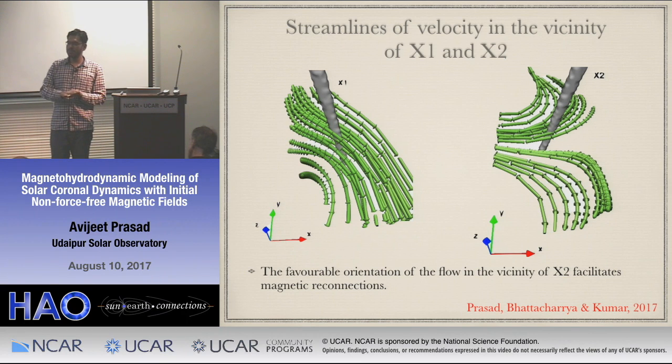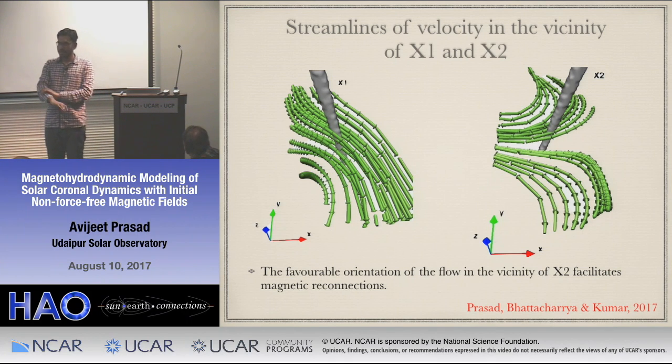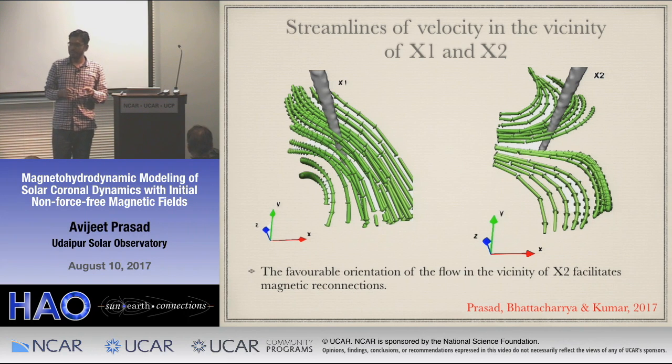In principle, the solutions should be able to fit both the magnetic field and the flow simultaneously, if we have reliable data for both the velocity field and the magnetic field. Since we do not have very reliable data for the velocity field, we have taken velocity to be 0, which is better than prescribing something which may not work, because we have the restriction in the code that the flow velocity field should be incompressible. Whenever we tried to prescribe anything, it was deviating quite a lot. So instead, we thought we would not prescribe any flow, fit only for the initial Lorentz force, and let the flow be generated spontaneously.